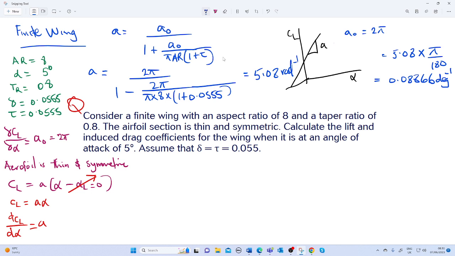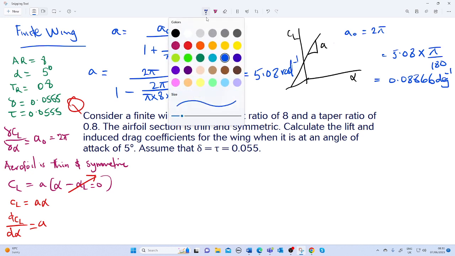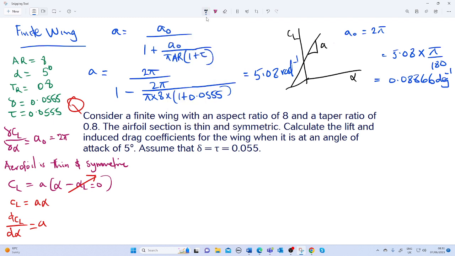Now that we have our value for A, the next thing is to find the coefficient of lift using the respective equation that says CL equals A alpha.